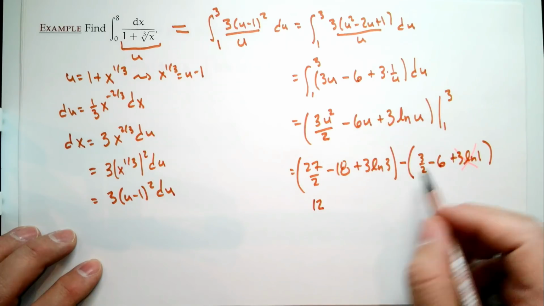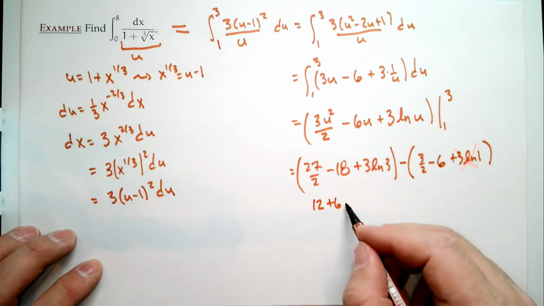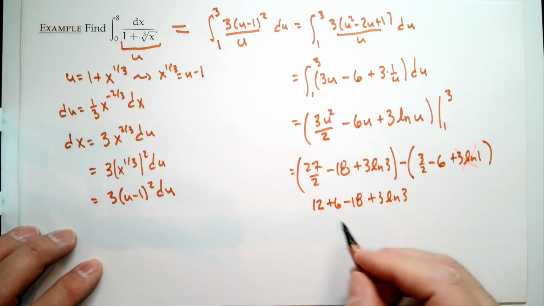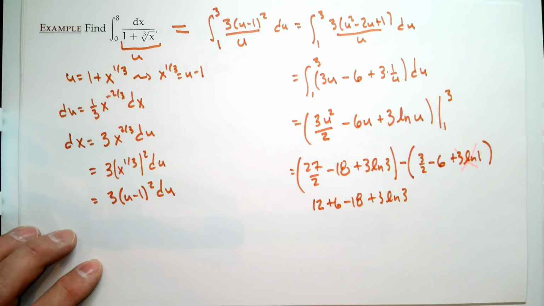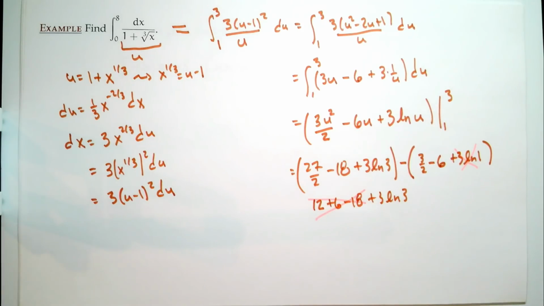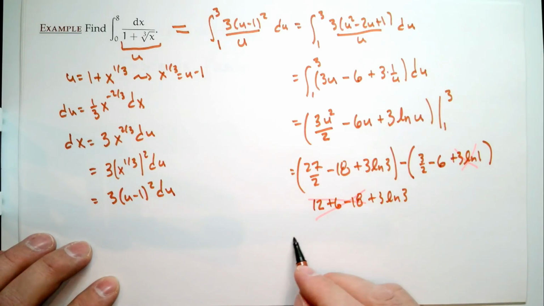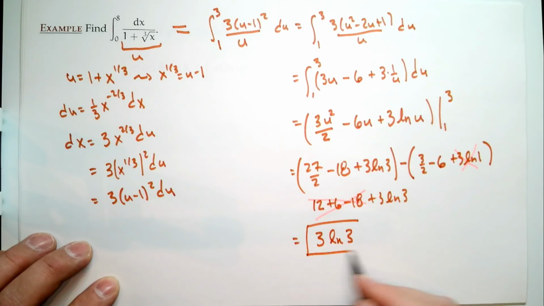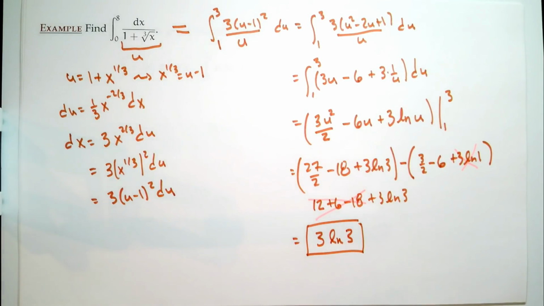Then I have minus 6 is plus 6. Then I have this minus 18 plus 3 log 3. Well, 12 plus 6 minus 18, that's going to knock out. That's all gone. So, what's left? 3 natural log of 3. And that's the answer. It comes out pretty nice.